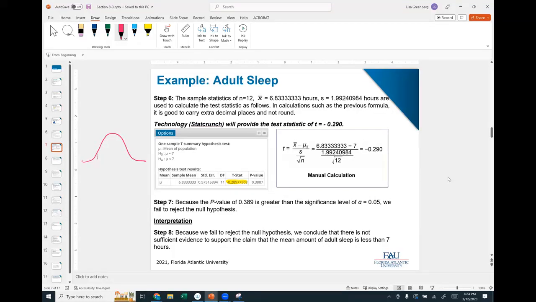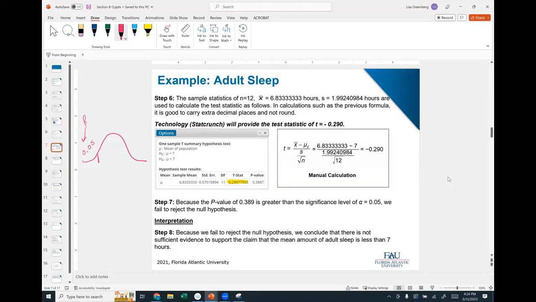So if here is 0.05, anything in here is the rejection area. But this value of 0.3887 is going to be somewhere over here. I can't tell you exactly where, but it is in the fail to reject.